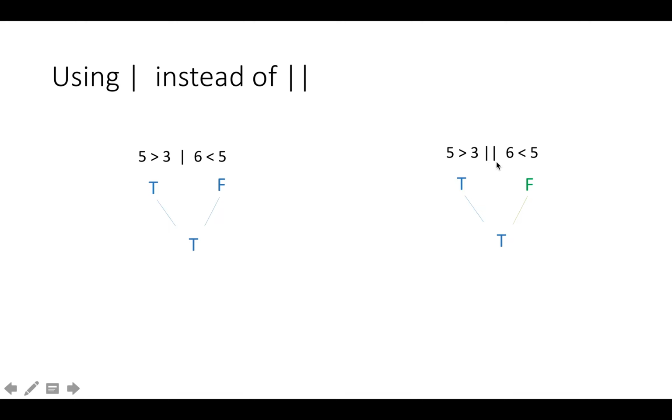Okay, it is the same for the ampersand, but the other way around. Like here you have 5 smaller than 3 and 6 bigger than 5. The first one is false. When you have an and and the first condition is false, if you use two ampersands, the computer doesn't check the other.